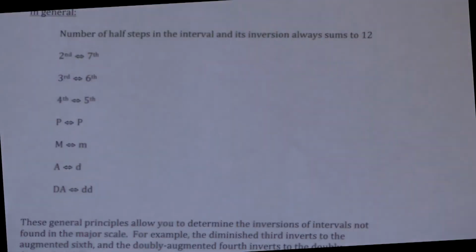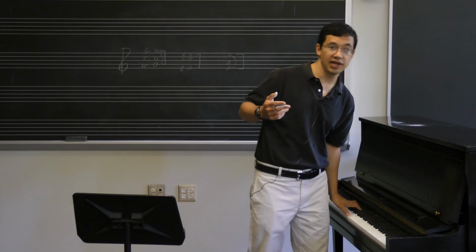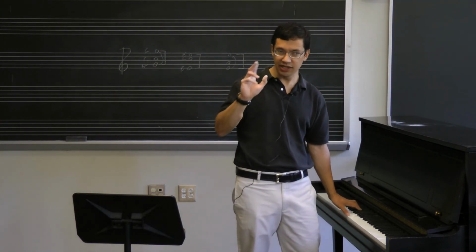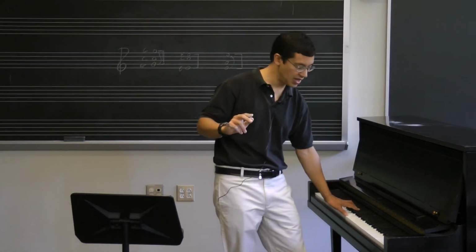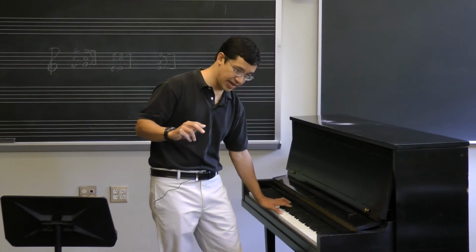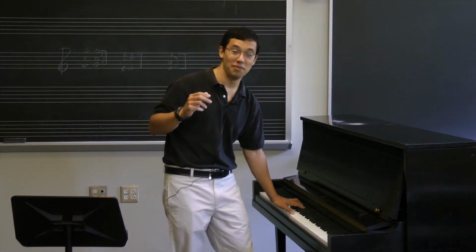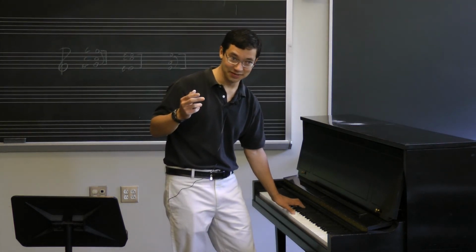Now, I have a quick exercise that I like to do, and this will bring us back to the blackboard. So here's how the exercise works. This is an exercise that helps you to hear inversional relationships. So we're going to start with the smallest interval, so major second, minor second, there we go.